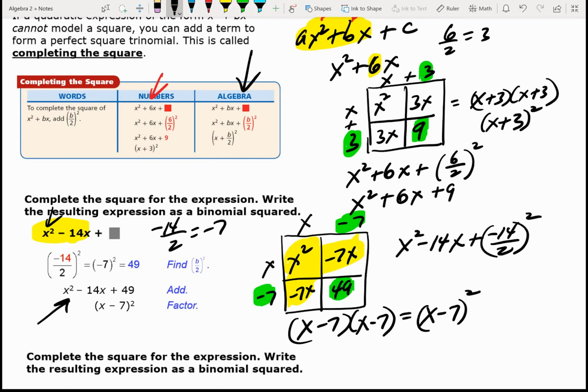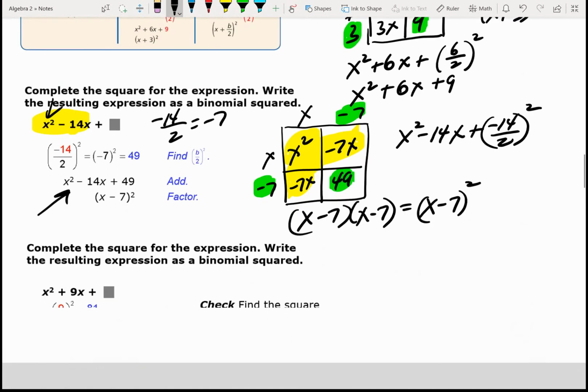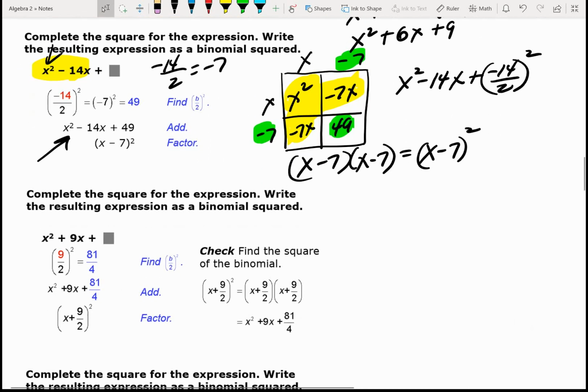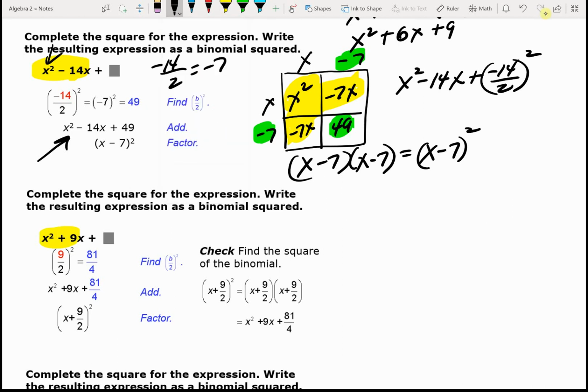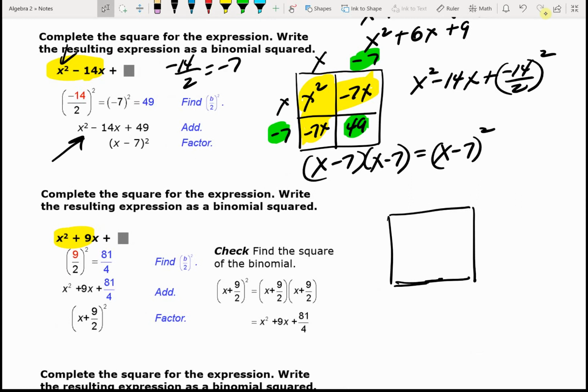So again, let's go through some more examples. Here we have x squared plus 9x. So again, I'll visually illustrate what's going on. So I have my x and x. That will give me my x squared.